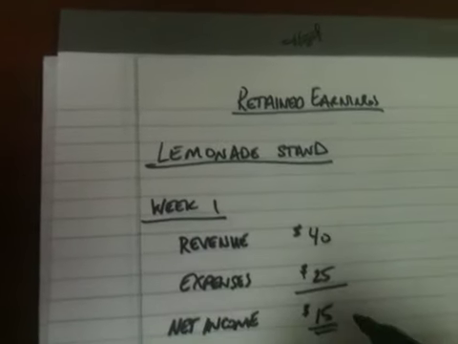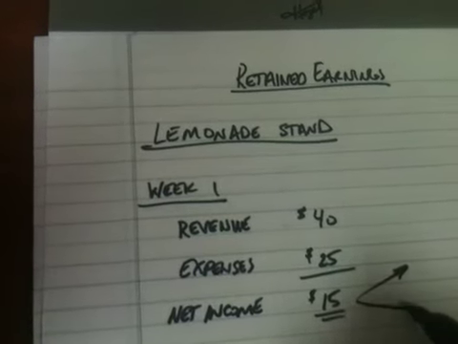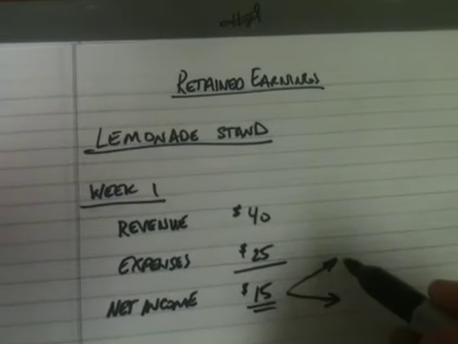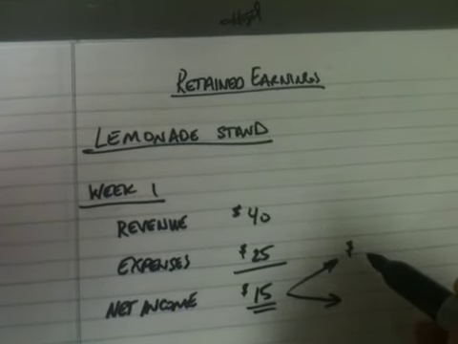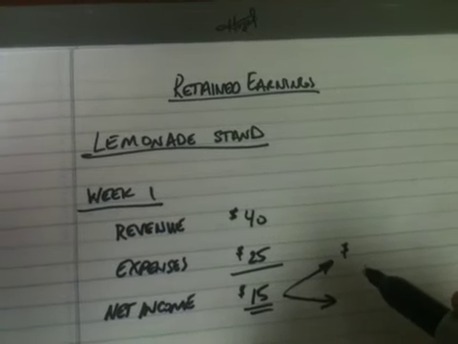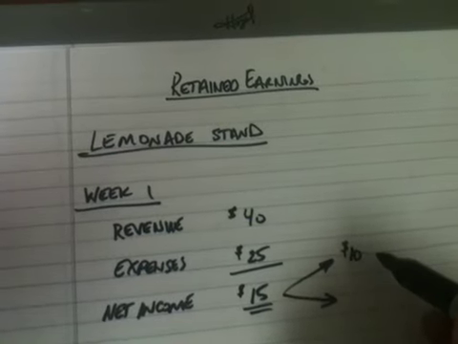So what's this 10-year-old boy going to do with the net income? Well, he's got really two options here. Let's say he's going to take $10 of that, and he wants to go spend money on something. Say he wants to buy 2 baseballs, and so that comes to $10.